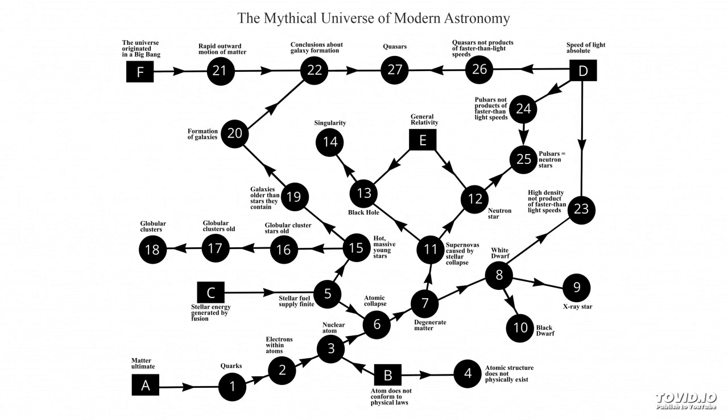As you can see from the diagram, all of these bizarre conclusions as to the products of the supernova explosion are subject to the effects of all four of the assumptions contrary to fact that I've already mentioned. And in addition, they are subject to one more, which I've identified by the letter E on the diagram.